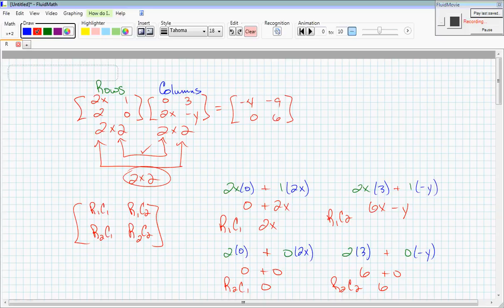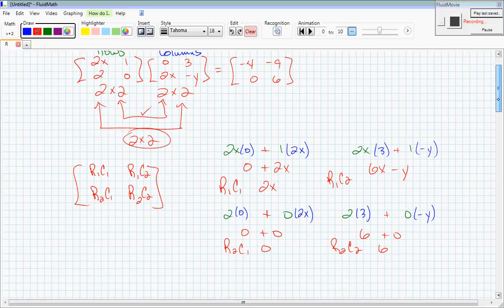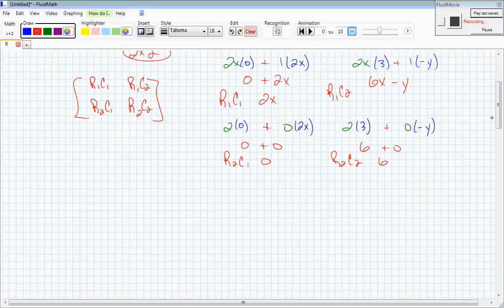We know we have found those bottom two elements correctly because they match up with the equal matrix. Take a look here: the columns 0, 2x, and 3, negative y are staying the same, and the rows 2x, 1 and 2, 0 are staying the same. So this is definitely a repeating pattern that, once you get it, makes this fairly easy.